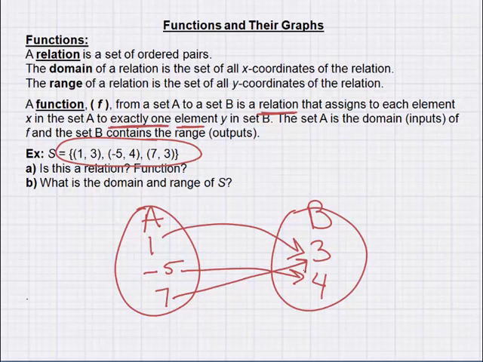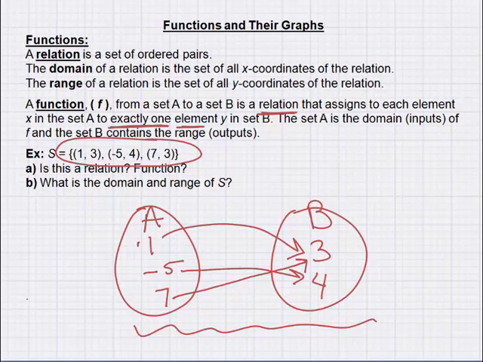So the question is, is it a relation? We already said yes. It's a set of ordered pairs, so it's a relation. But looking at it in this mapping method is a better way to see if it's a function. Now, does each one of these values in set A get matched to exactly one value in set B? And the answer is yes.